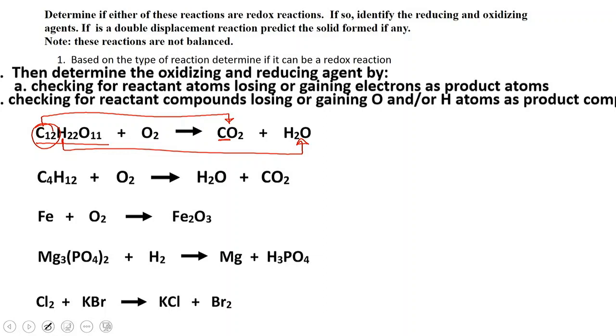However, remember what I said in the very first video when we were talking about different types of reactions: combustion reactions involve the oxidation of hydrocarbons. So if it's an oxidation reaction, then that means that O2 is the oxidizing agent, and it causes the reduction.